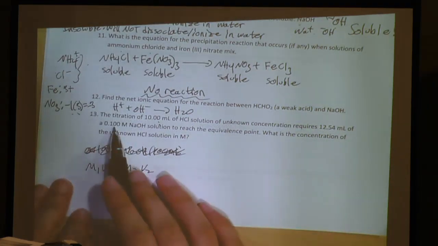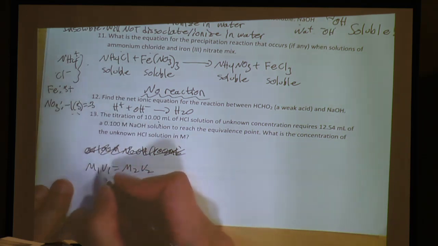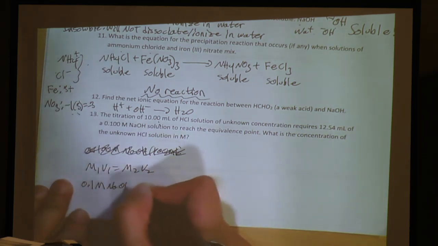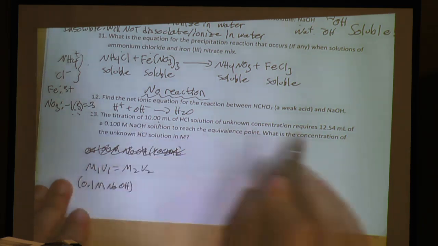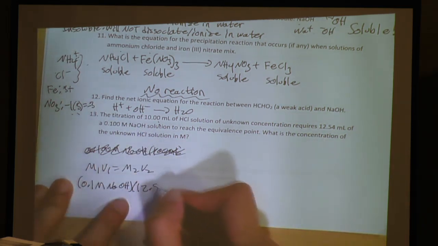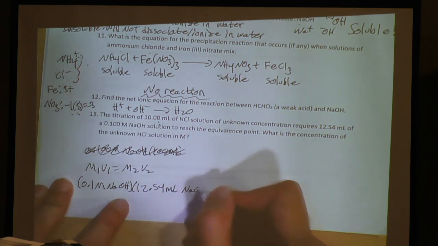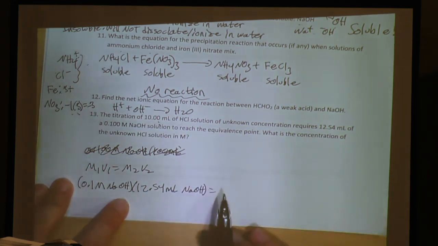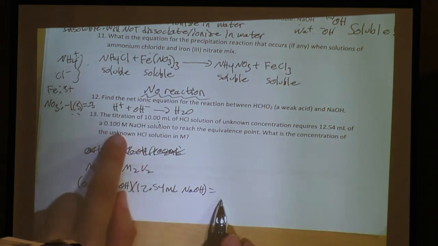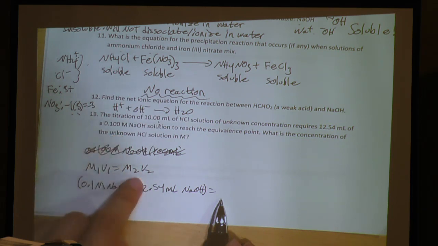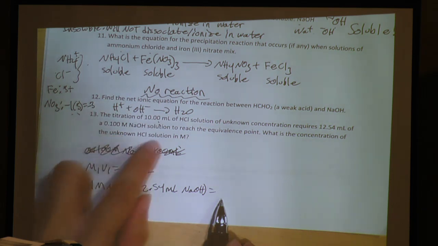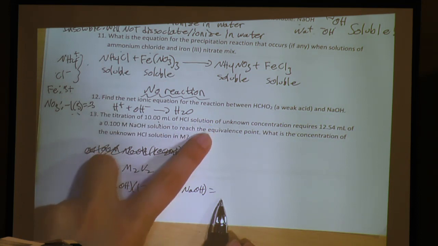So molarity for NaOH is 0.1, and our volume is 12.54 milliliters NaOH. We set that equal to our M2, which we have to find.